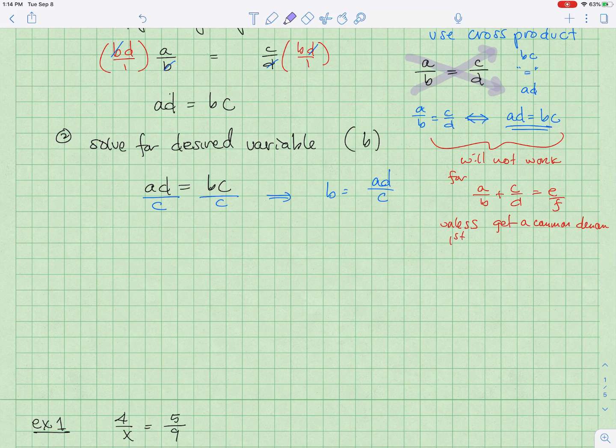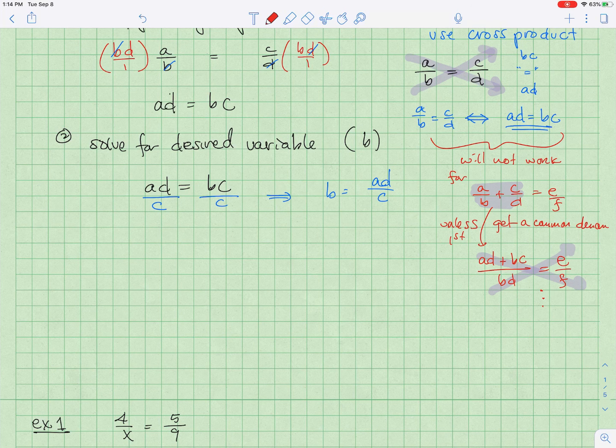So we might take something like A over B plus C over D and rewrite that as AD plus BC over BD equals E over F, and then you could cross multiply. But there you have it.